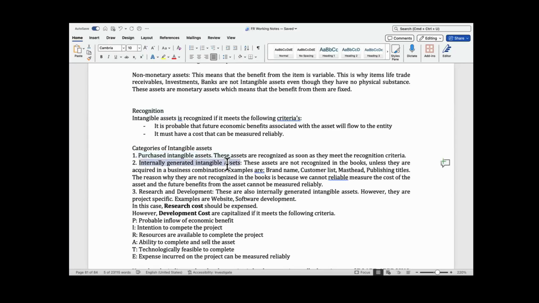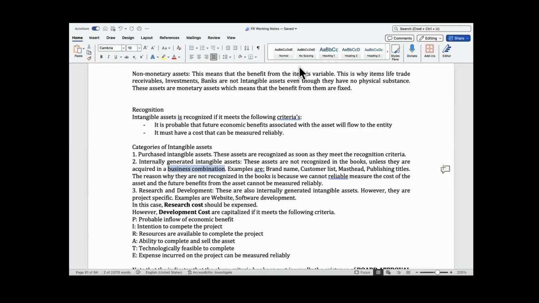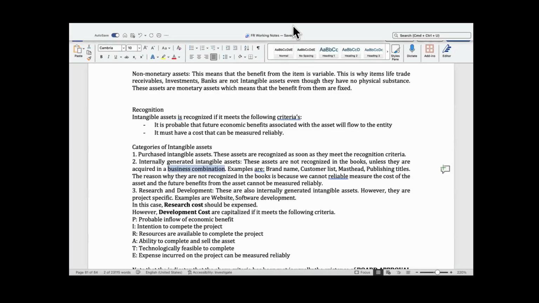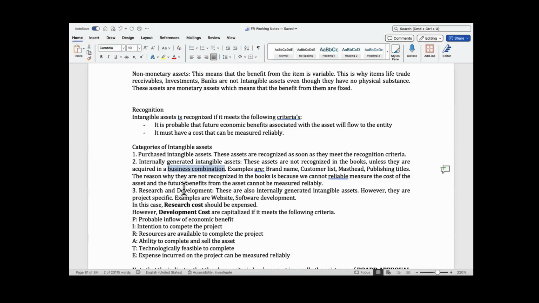Internally generated intangible assets, very straightforward. They are not recognized in the books unless they are acquired in a business combination. And I told you why we cannot recognize them, because we cannot measure them reliably. And also, the future benefit from the asset cannot be measured reliably.